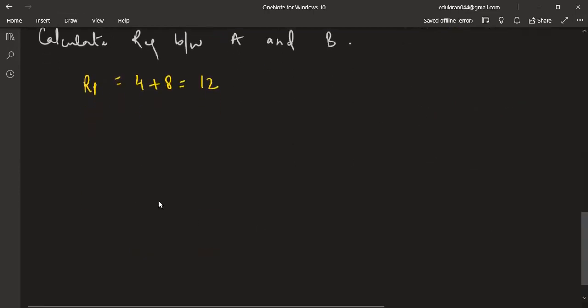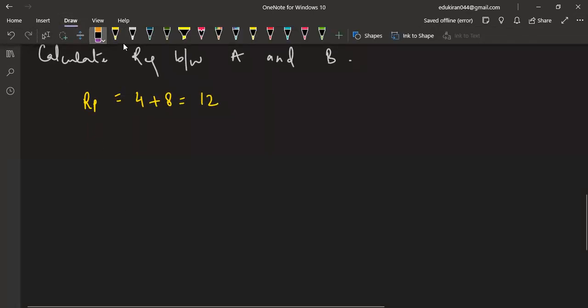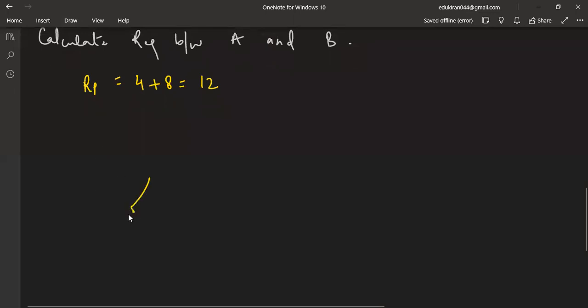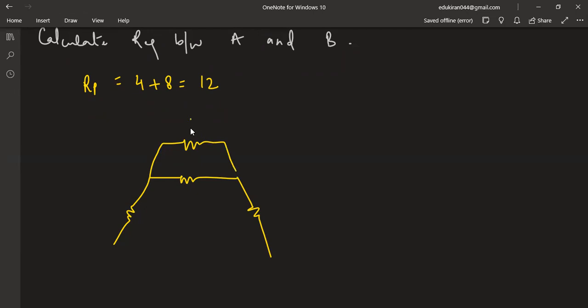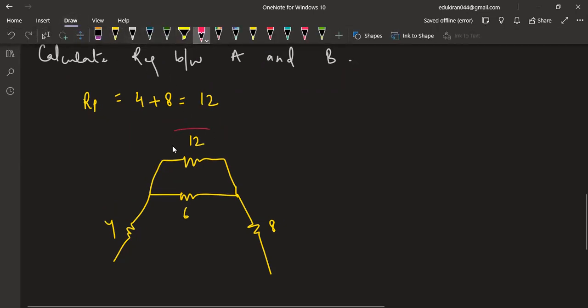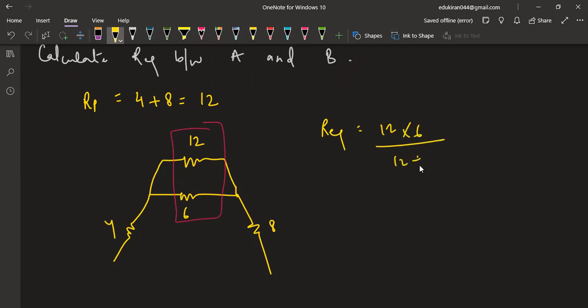See, this part will remain the same, but now instead of both of these, we just have a single 12 ohm connected with 6 ohm. Here you have 4, you have 8. Now look, they are connected in parallel, so our equivalent will become 12 into 6 by 12 plus 6.